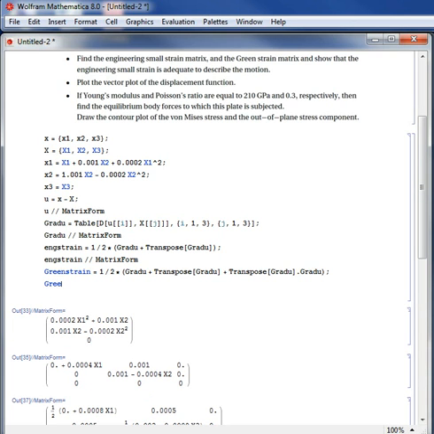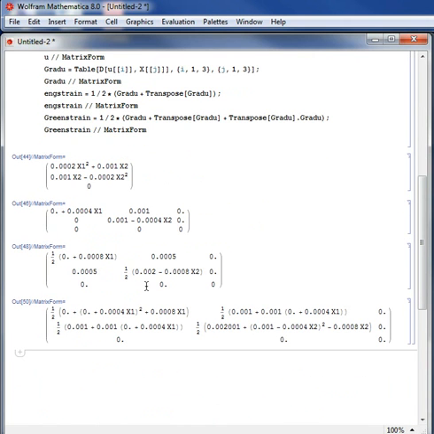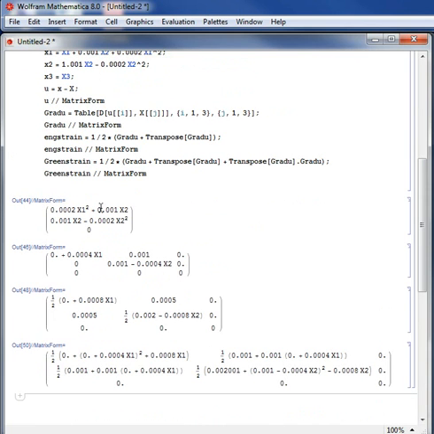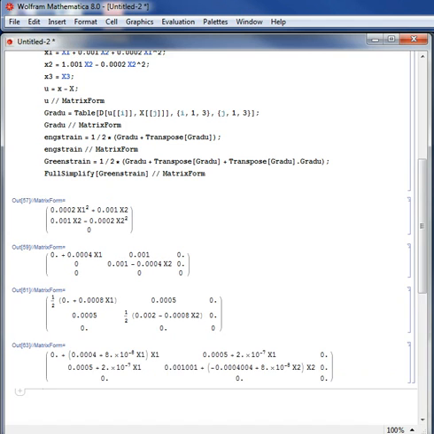And I'm also going to view the Green strain in matrix form. Shift enter, and here's the Green strain, and you can use the function FullSimplify to simplify the entries of the Green strain.